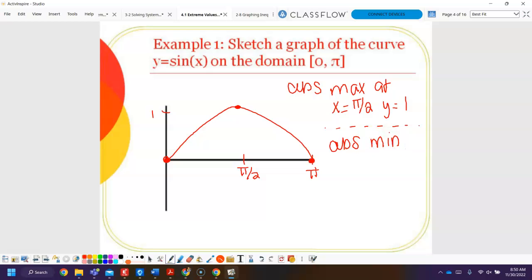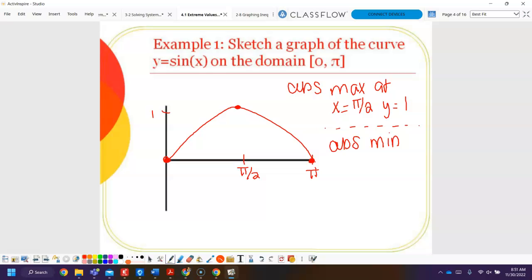Do I have an absolute min? So this is where it gets a little tricky. The two lowest points are at the same height. So therefore it is an absolute min, which is tricky.